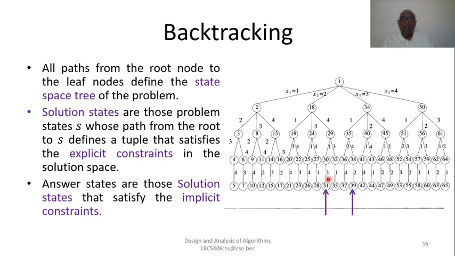And you will find that node number 39, defined by the values x1 equal to 3, x2 equal to 1, x3 equal to 4 and x4 equal to 2, also satisfies the implicit constraints, and hence this solution node is also called an answer node. So answer nodes or answer states are those solution states which satisfy the implicit constraints.